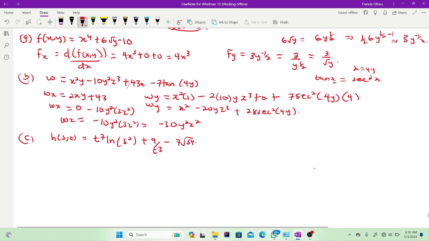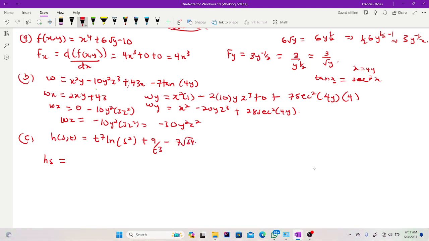If I want to find the partial derivative, I'll have to find hs, that is with respect to s alone. So once I'm finding hs, then it's going to be the first expression: t to the power 7 natural log of s squared plus 9 over t cubed minus the 7th root of s to the power 4.